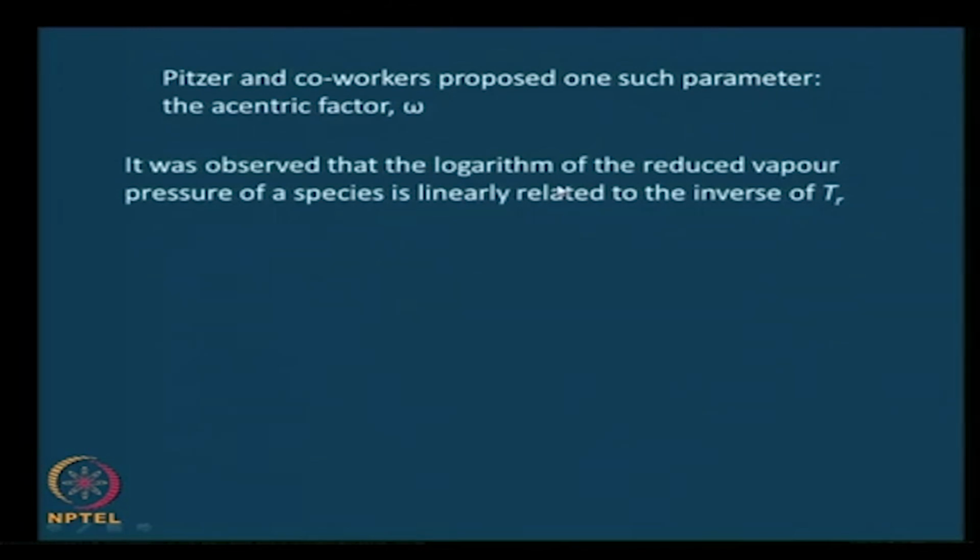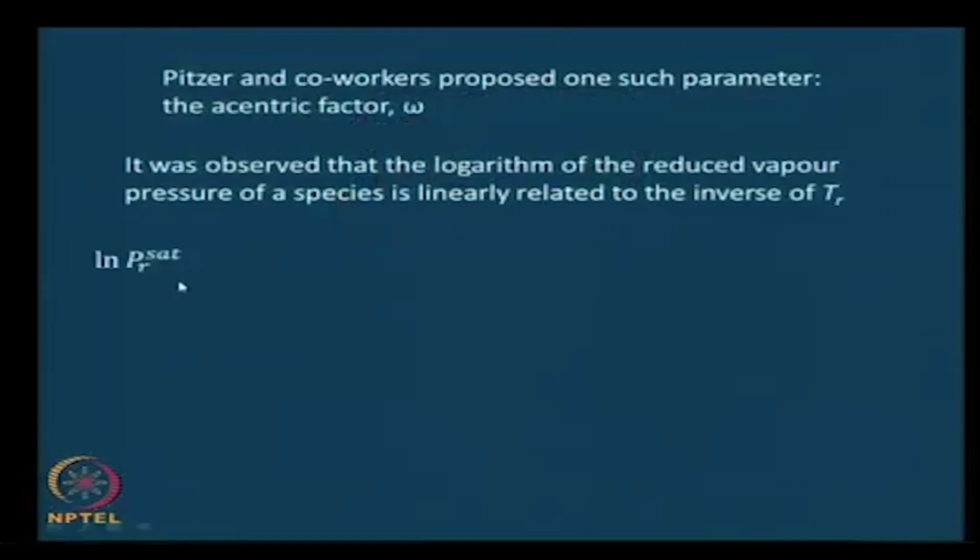What they found was experimentally found by analyzing a large amount of data. They observed that the logarithm of the reduced vapor pressure of a pure substance is linearly related to the inverse of the reduced temperature. And this was a powerful kind of information that was gathered from a large amount of data.